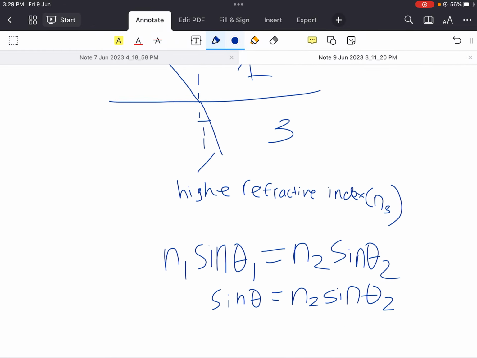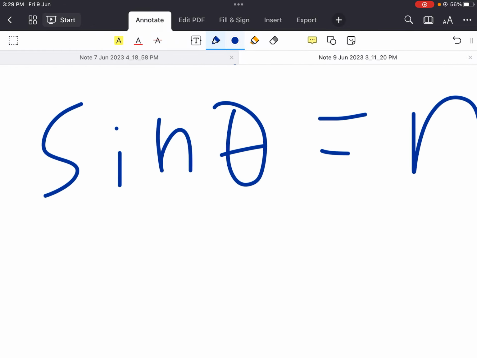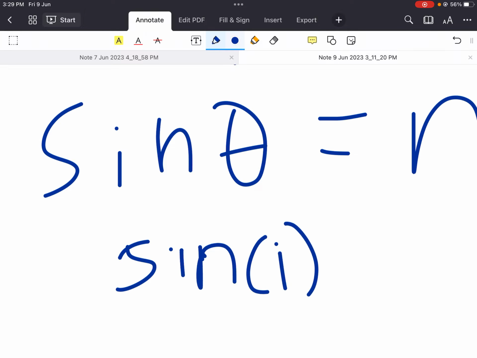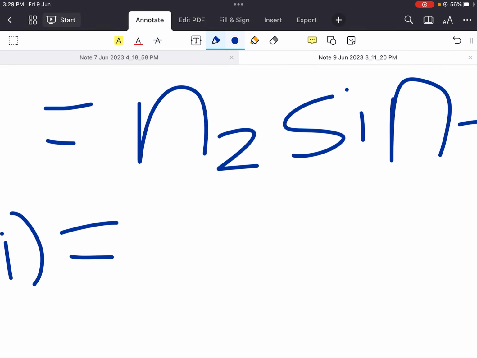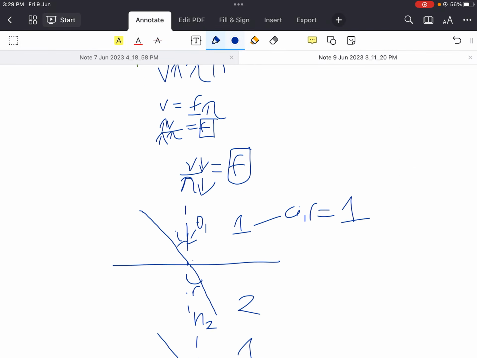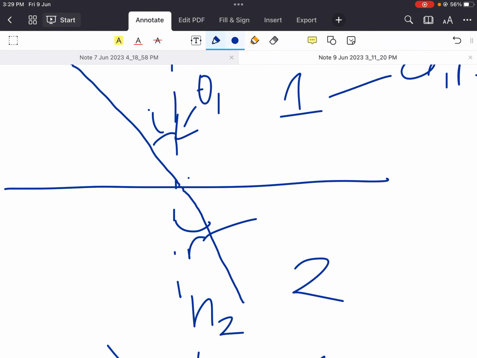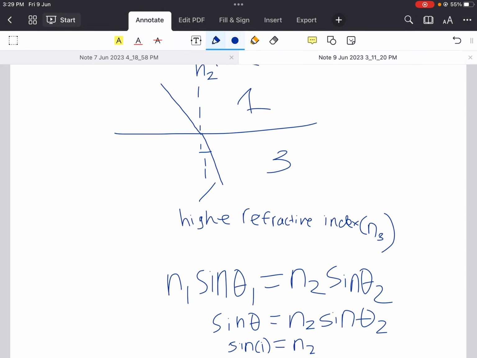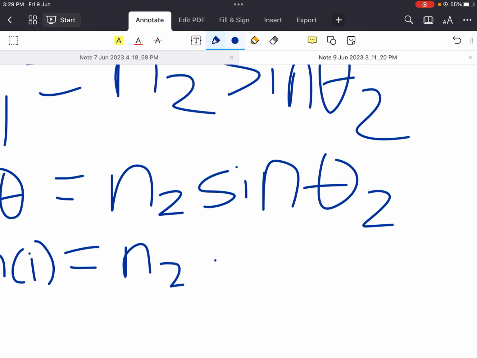So you plug the angle of incidence in, calculate the sine of the angle of incidence, and then N2 sine theta 2. Sine theta 2 is your angle of refraction. This is theta 2. So you plug in theta 2, calculate the sine of theta 2.